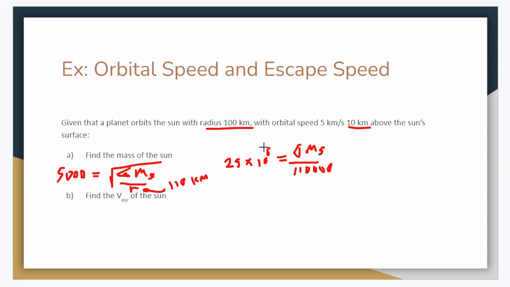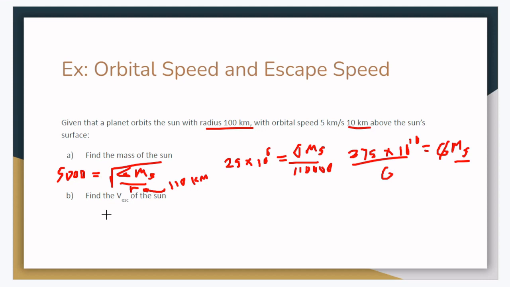So if we multiply both sides by 110,000, this becomes 275, I think, times 10 to the 10 is equal to G times the mass of the sun, and then just divide both sides by G, and then the mass of the sun becomes 275 times 10 to the 10th over G. And then obviously you could just plug in the actual value for G and get the real mass of the sun, but I'll leave that up to you.